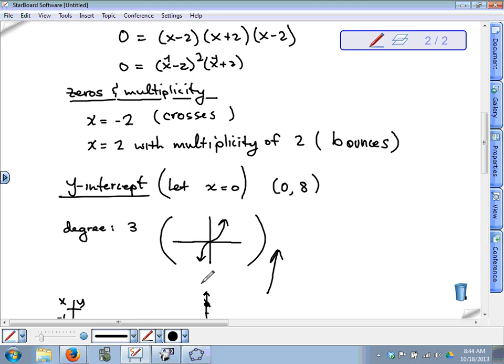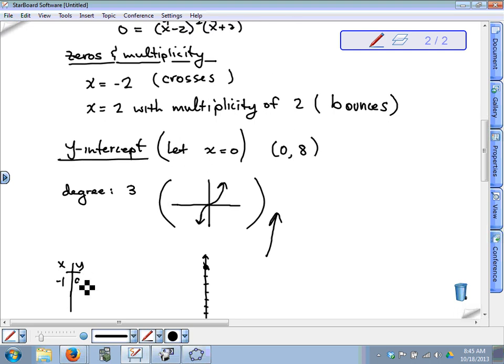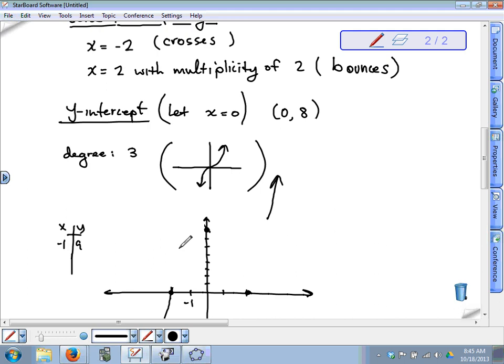Negative 3 squared is 9. Negative 1 plus 2 is 1. 9 times 1 is 9. So that graph actually goes above the y-intercept and then comes back down through it. So at negative 1, we're all the way up at positive 9, which is about right there. So the graph goes up to positive 9, then it crosses through the y-intercept.